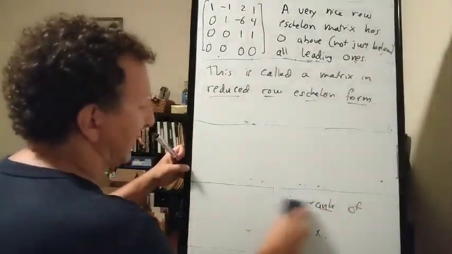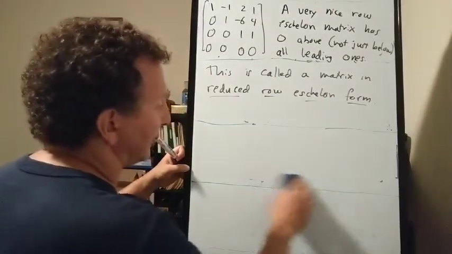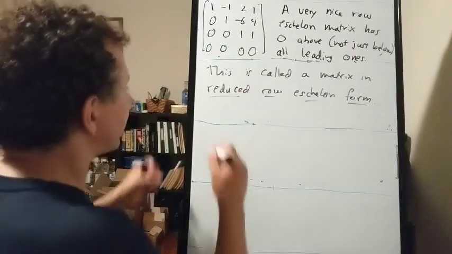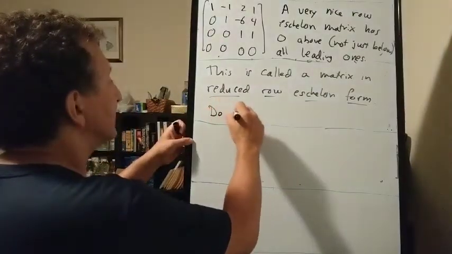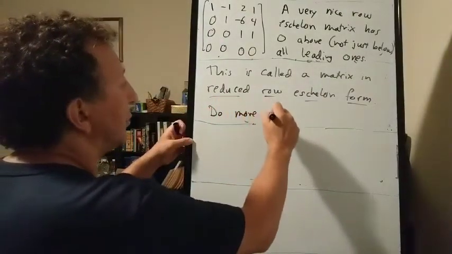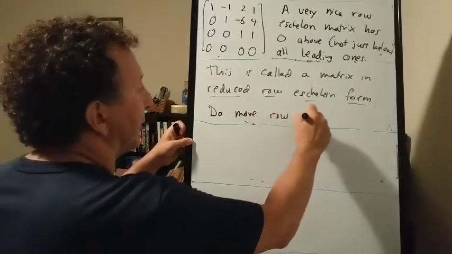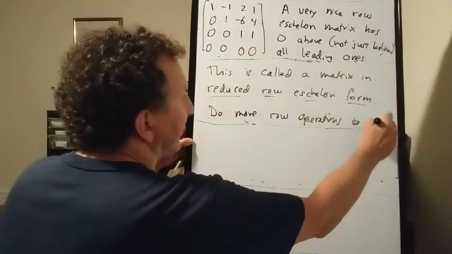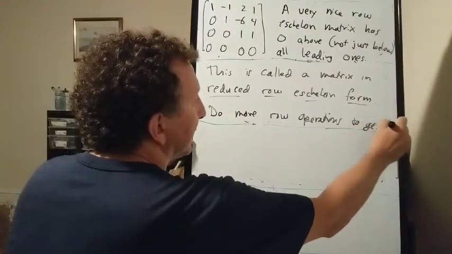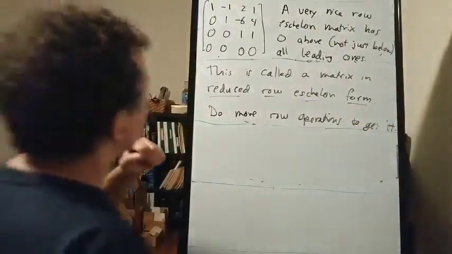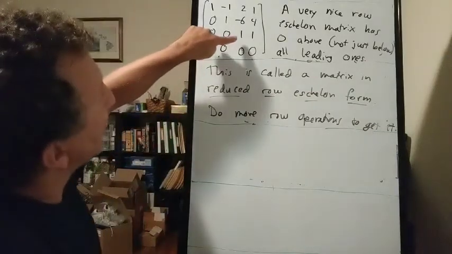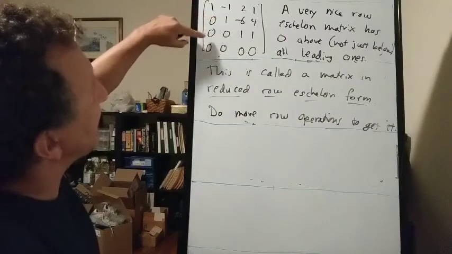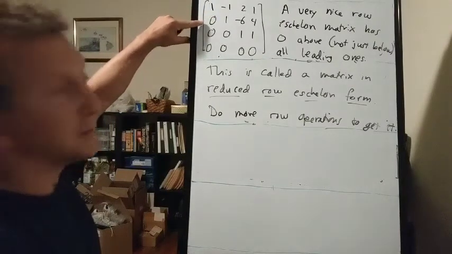And we can get to the matrix in reduced row echelon form by taking the original matrix and just doing more row operations. So if we want to have zeros above this 1, we could add 6 copies of row 3 to row 2.